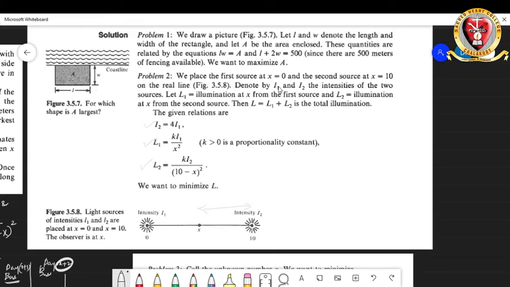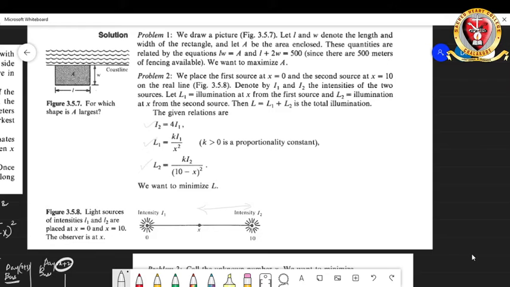At X is equal to 0 you have the first bulb, and at X is equal to 10 you have the second bulb. I1 and I2 are the intensities of the two sources, and L1 and L2 are the illumination at X from the first source and from the second source. We call the total illumination L, and we gave the three equations from the problem, right?